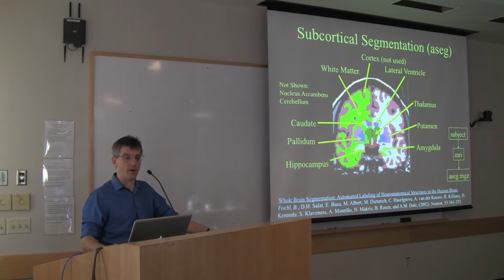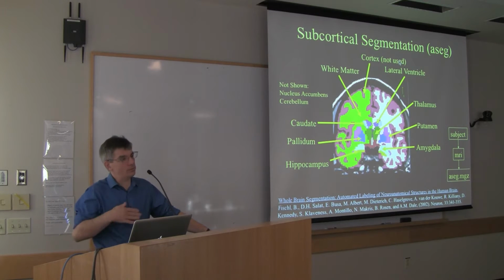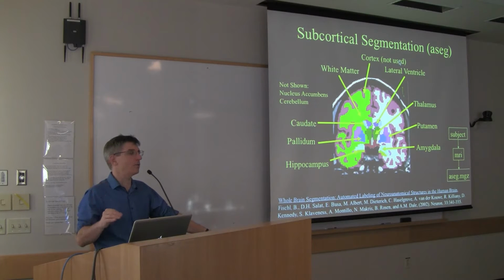So this is a volume, and every voxel gets a value, and that value indicates what brain structure that voxel happens to be in. See up here at the top where it says cortex and it says it's not used, and a lot of people look at that and say, well, if it's not used, then what are you doing? The reason why it's not used is that we have a whole surface-based cortical segmentation routine that we go through in order to really finely and accurately and in a sub-voxel way estimate exactly where cortex is.